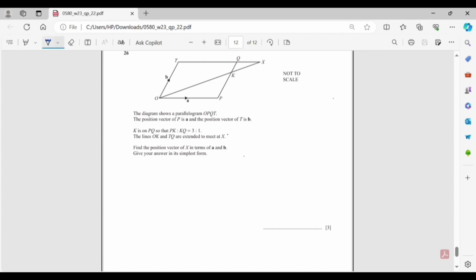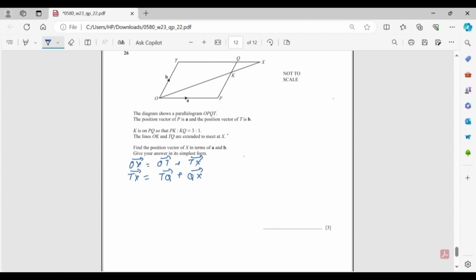So vector OX will be equal to vector OT plus vector TX. Now vector TX will be equal to vector TQ plus vector QX.